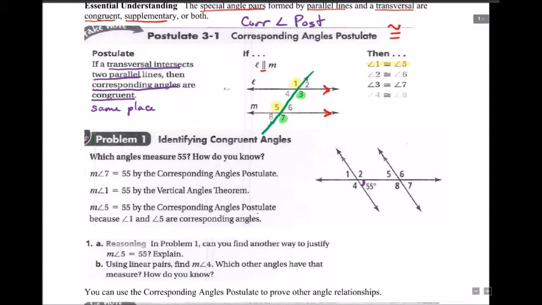Well, I'll take a look at my diagram here, and I see parallel lines. I'm going, oh, that is a good sign. And then I'm going to color in my transversal. And remember, I told you, if you're having difficulty seeing these, our example up above, the parallel lines are horizontal.